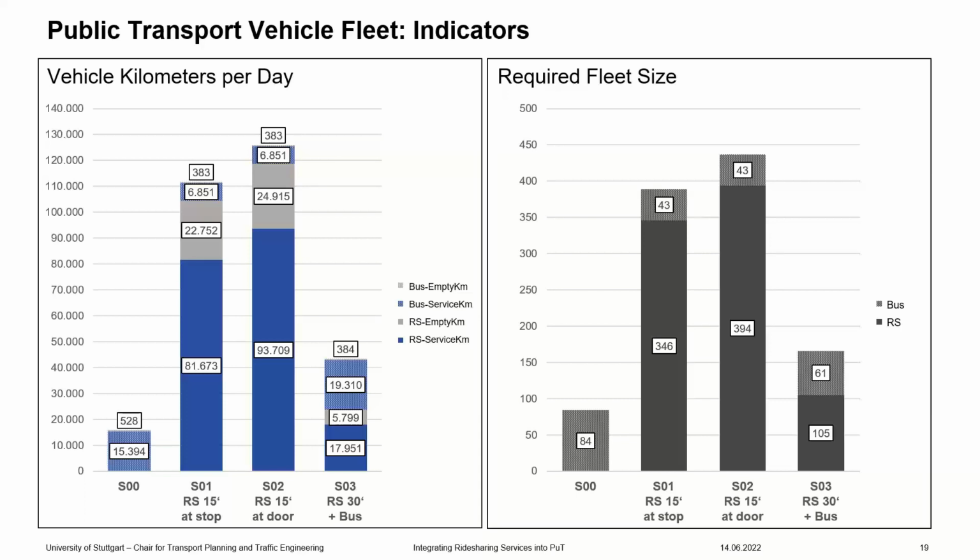But again, we need to consider that we have a much more attractive public transport service by ride sharing than by bus services. And only because of that, we get such a high demand, and only because of that, we also need so many vehicle kilometers and such a high required fleet size. So it really is a trade-off here.